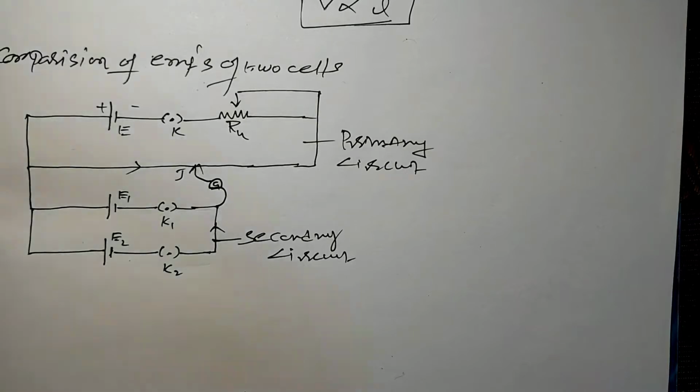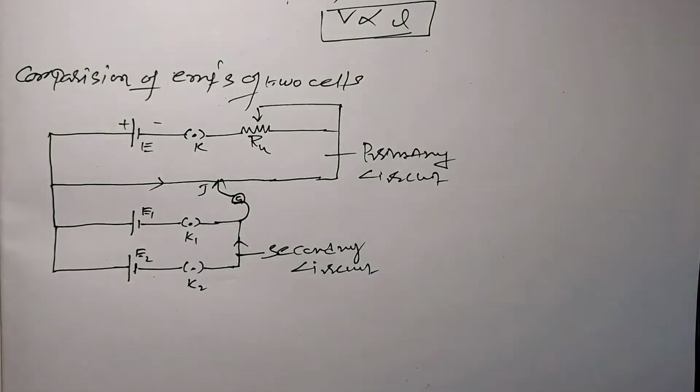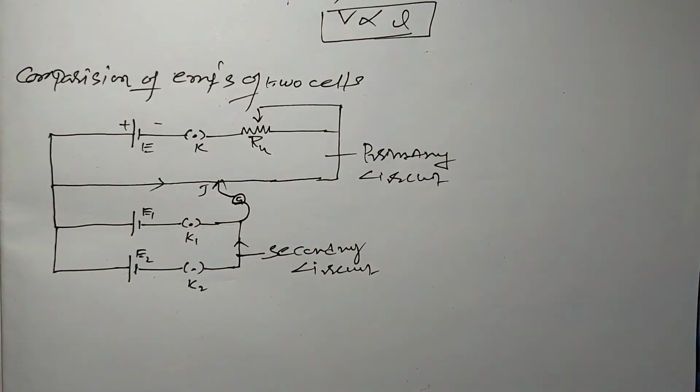Now we discuss some applications of the potentiometer. First of all, why do we prefer a potentiometer to measure the potential difference between two points in a circuit rather than a voltmeter? One advantage is that the potentiometer does not draw any current from the source.